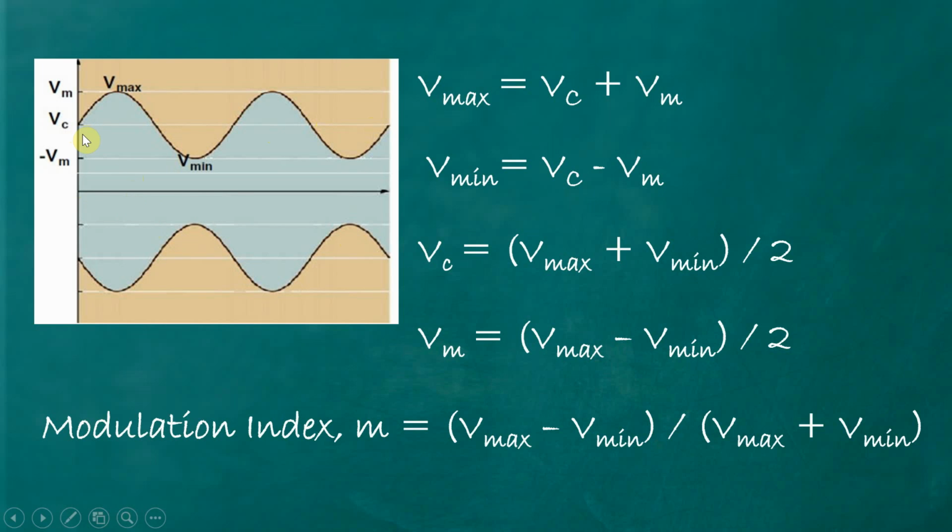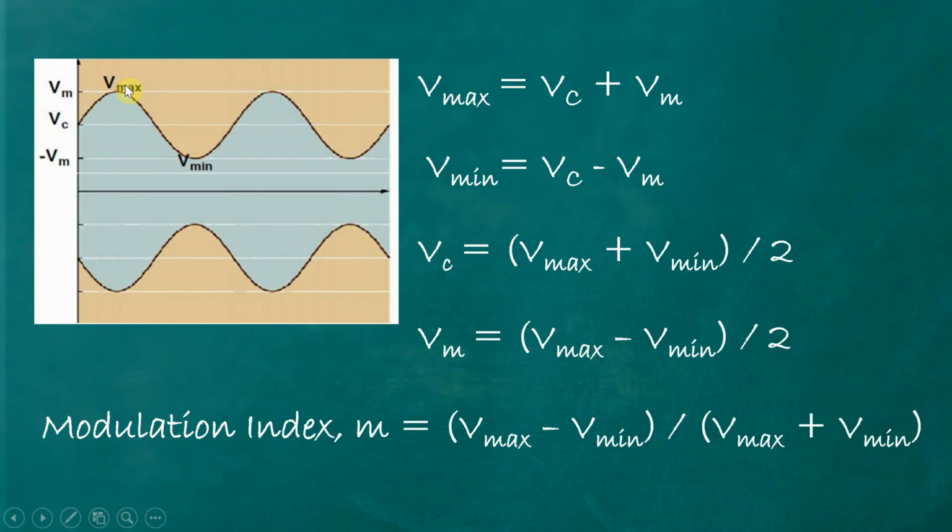The modulating signal is clamped at level Vc, right? Here it is Vm, the peak amplitude of the positive envelope, and this is minus Vm, the negative peak of the positive envelope. So it is Vm, Vc, and minus Vm.